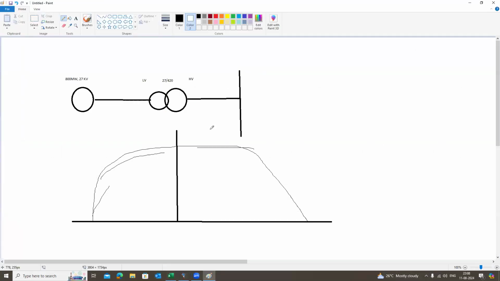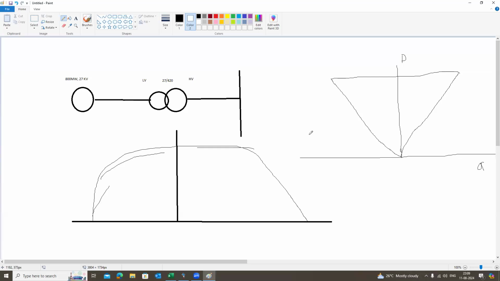See, for the grid substation, it will be something like this. As per our grid code, this is your P curve and this is your Q curve.